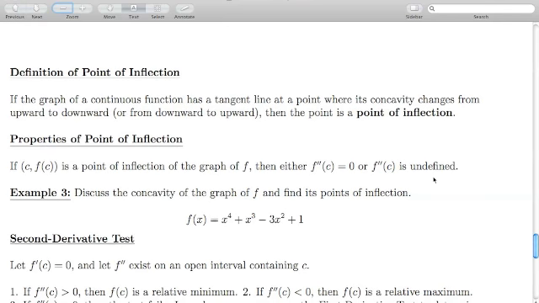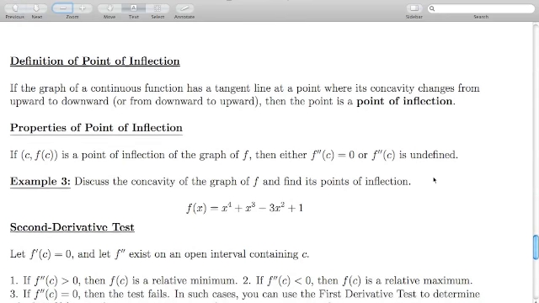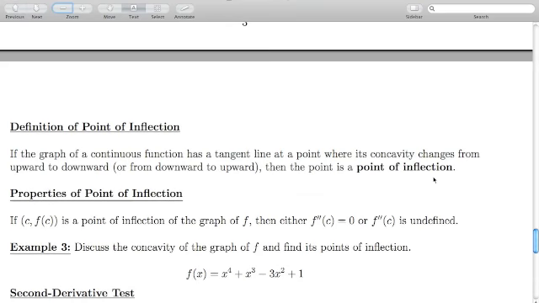So example 3 wants us to discuss the concavity of the graph of f and find its points of inflection. So we're given this f of x. So we're going to do the same process that we did for example 2.